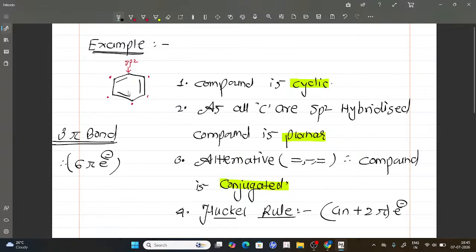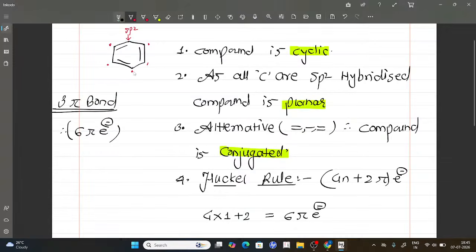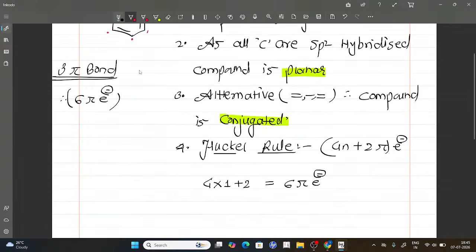Now if we take n equal to 1, 4 into 1 plus 2 is equal to 6 pi electrons. So see here, our system carries 6 pi electrons, therefore this compound obeys Huckel's rule.